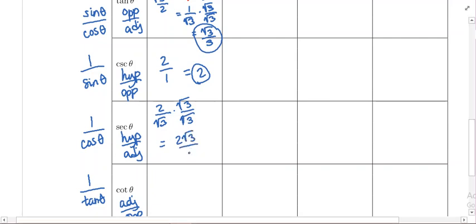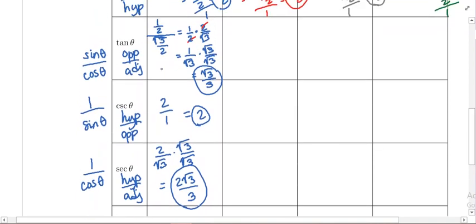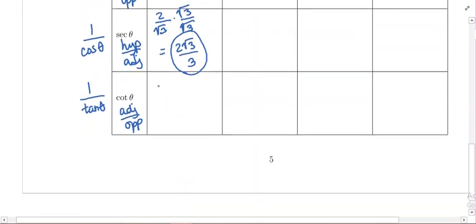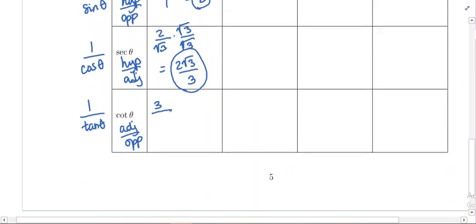And then the last one. If you want the cotangent, you flip the tangent. So go up here, the tangent is the square root of 3 over 3. We just need to flip that, so it will flip to be 3 over the square root of 3. Rationalize it.